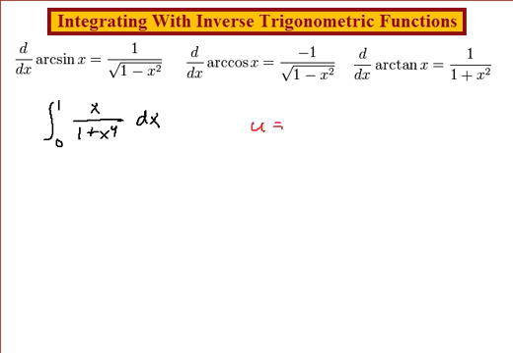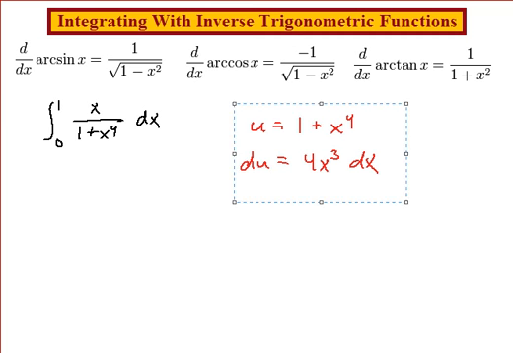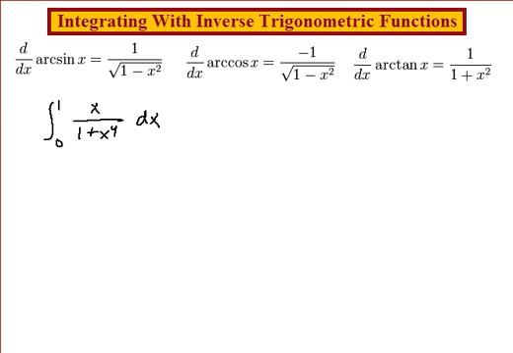You might try to say that u is equal to 1 plus x to the 4th, but this will lead to a dead end. 4x to the 3rd doesn't really help us out. We need to recognize when a problem involves the derivative of one of these inverse trig functions. So let's get rid of this, and let's try something else. This looks more like the derivative of arctan than it does the others.